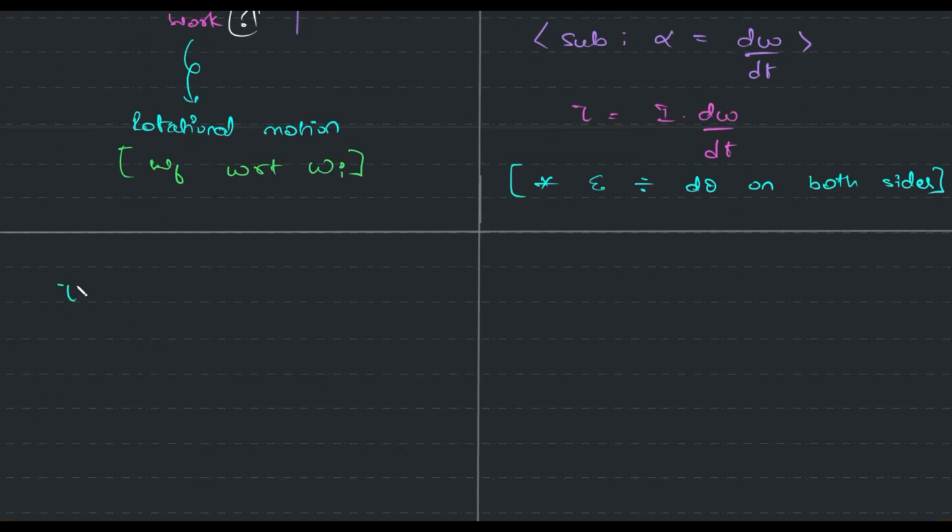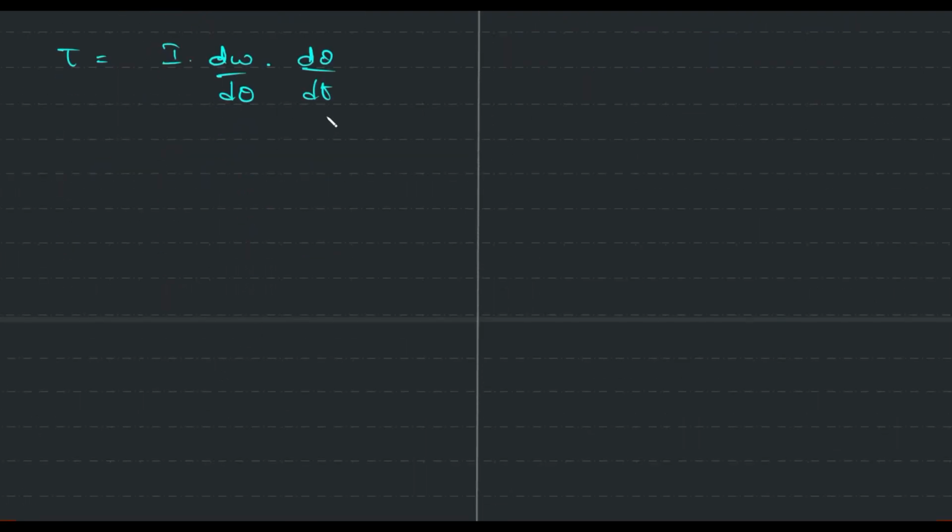So your tau will be I d omega by d theta into d theta by dt. What is d theta by dt? Yes, this is omega. What is d omega by d theta? So I will transpose it and put it over here, because then I'll be able to integrate this and I'll be able to integrate this.